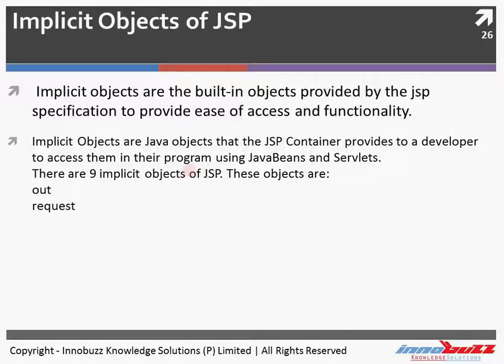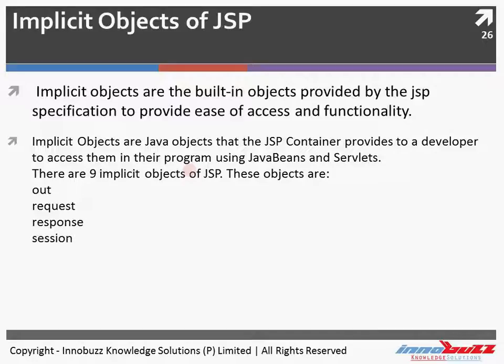It is passed to a JSP by the container as a parameter of the JSP service lifecycle method. It has a scope of request. The response is used as a reply to the request from the client. This object has page scope.